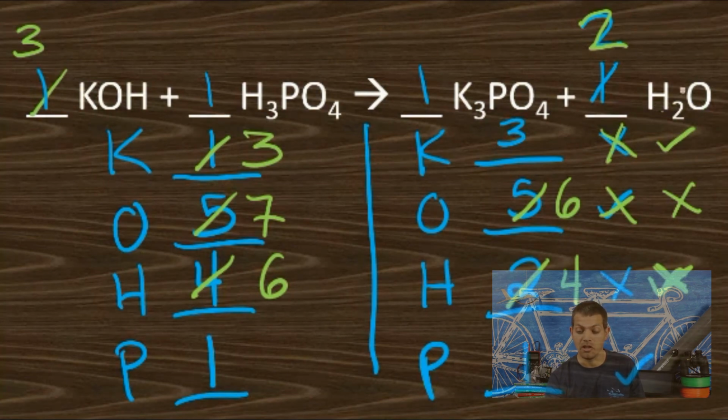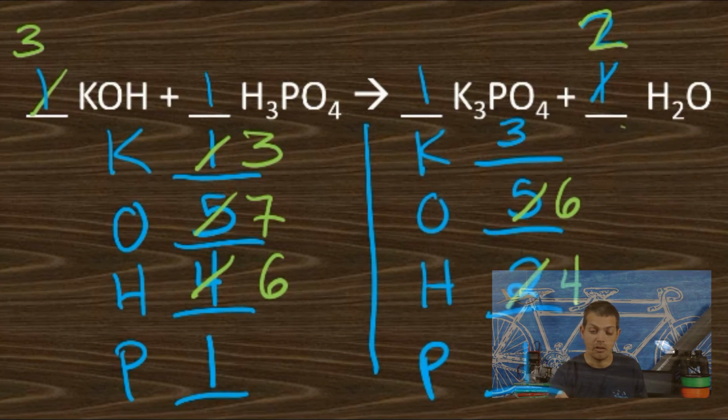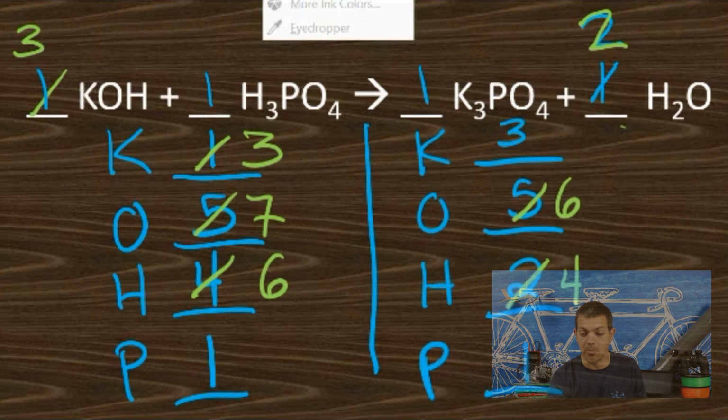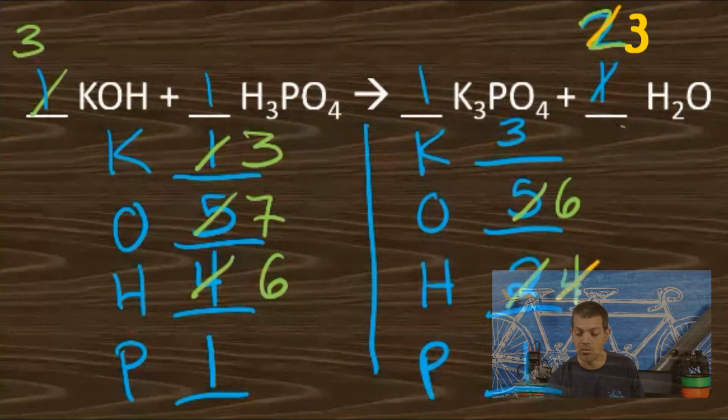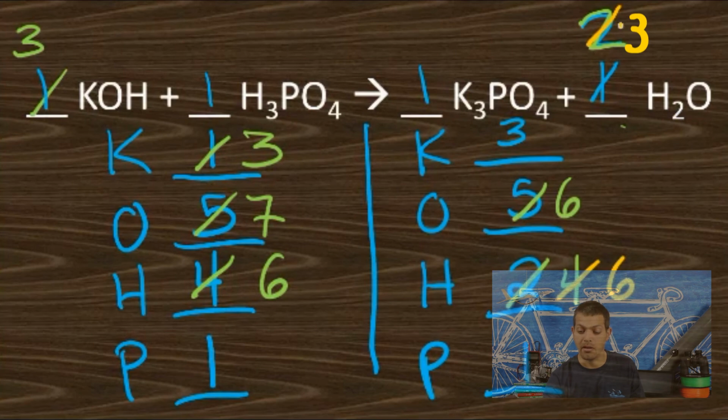If we were to change just this number, let's see what happens. Let me get rid of some of these X's and check marks. I'll change colors again, so we're seeing the steps that are taking place. If we change this to a 3, now we have 6 hydrogen, and now we're impacting the oxygen as well. We have 3 here, plus these 4, and we get 7 oxygen.